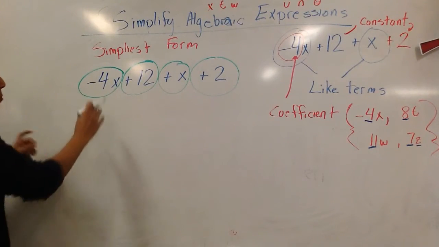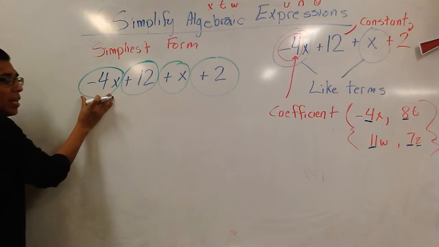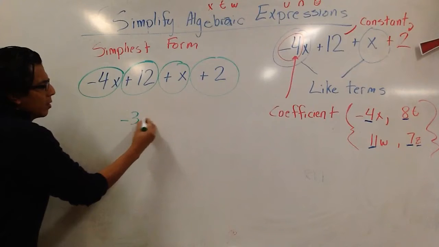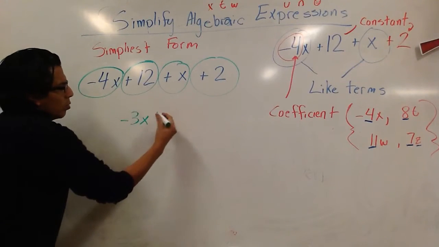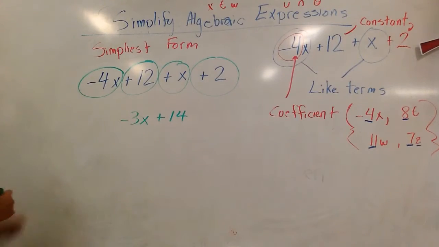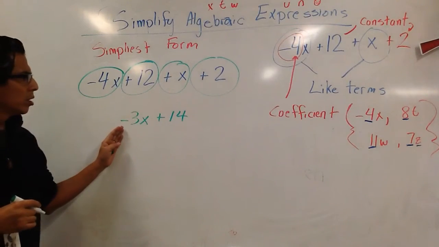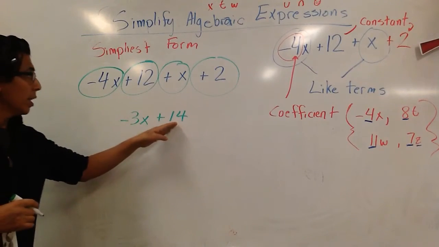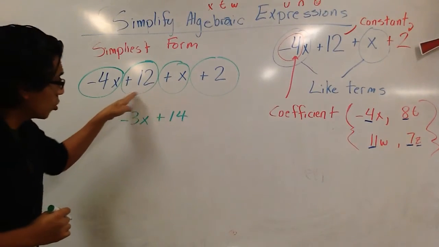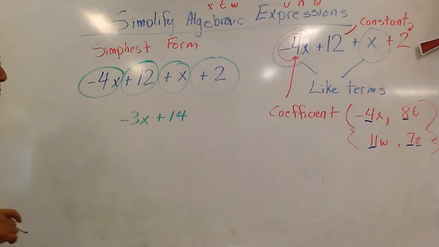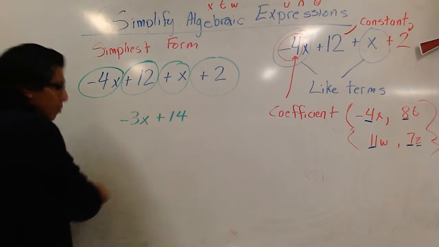For instance, let's combine these two. Here we have a -4x and a positive x. That's -3x. Here we have a 12 and a 2. That wasn't too hard. So we have -3x plus 14. And we practice circling the term with its operation, and you're going to see why in a minute. And so now I moved it to the simplest form.